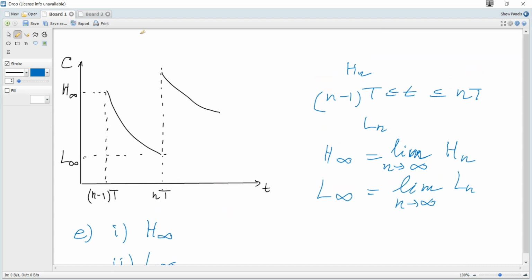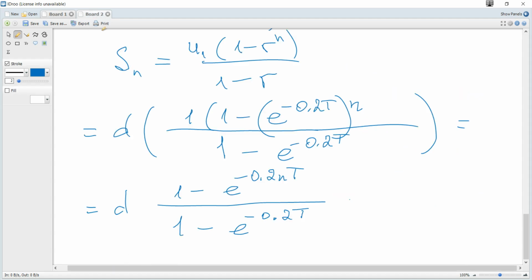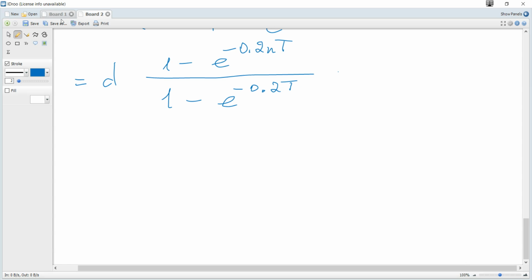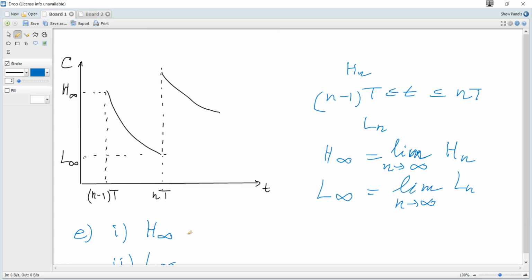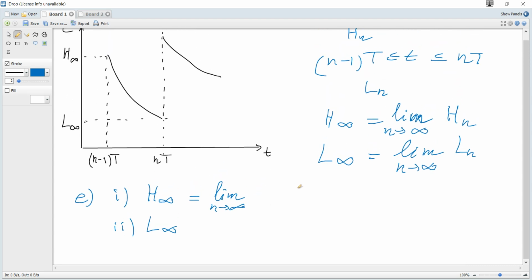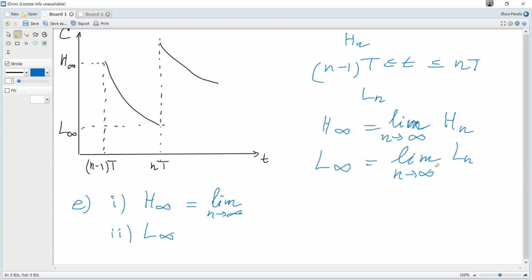And we use the previous result. Since it is given directly, we consider the limit as n tends to infinity. What about Hn?